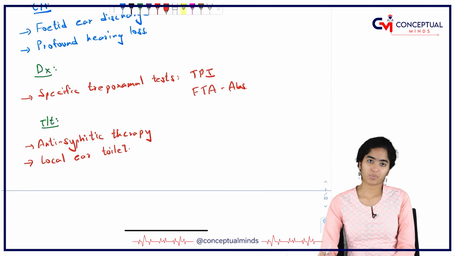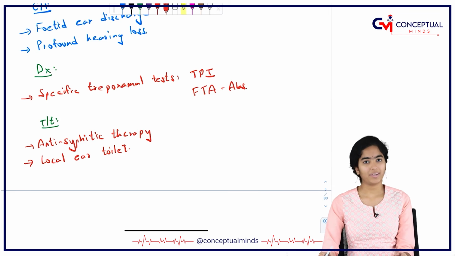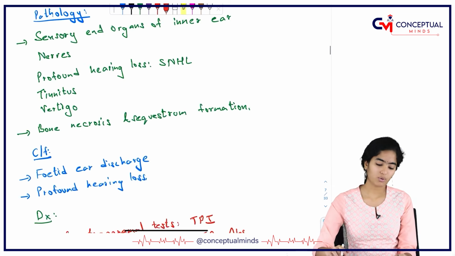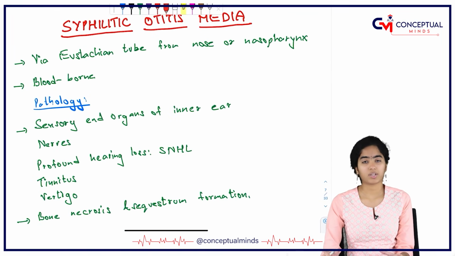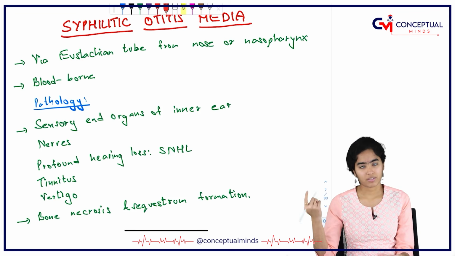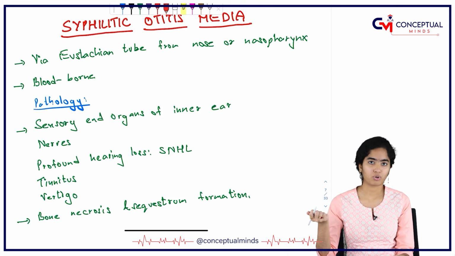To remove the sequestra, sometimes surgery could be required. So, this is about syphilitic otitis media. It's a simple thing to learn about in ENT. Infection could reach mostly via the eustachian tube. Sometimes it could be bloodborne also.